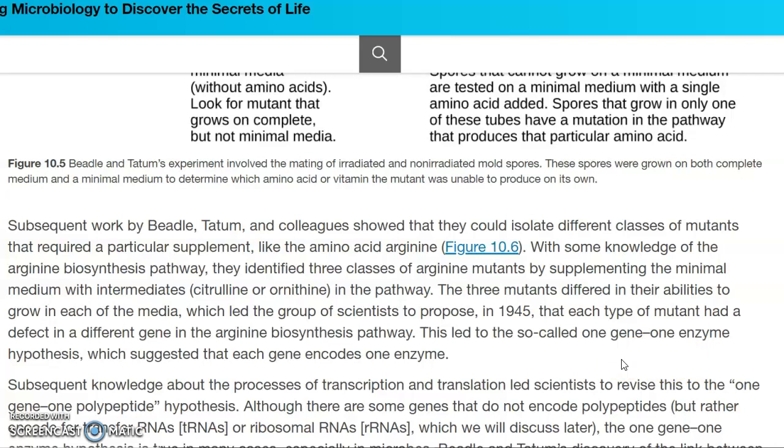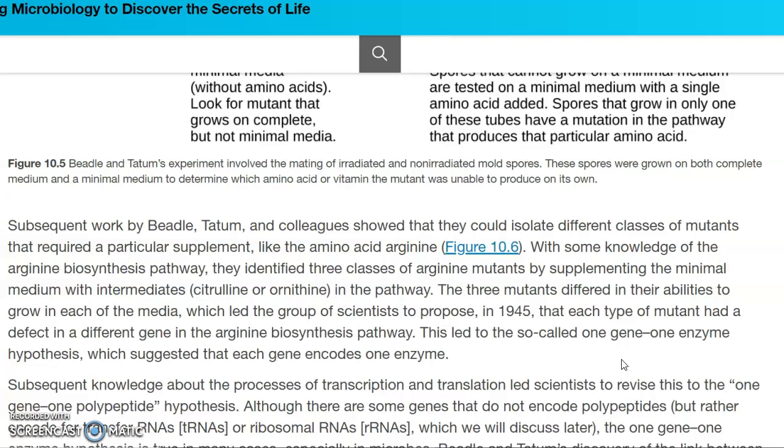So this hypothesis basically said that we have these chromosomes that have these different genes on them. And each one of these genes is going to code for a particular protein. So this led to the one gene, one protein hypothesis, that all of these different genes that we have are going to code for all of these different proteins. And genes are basically the code for all of these different proteins.